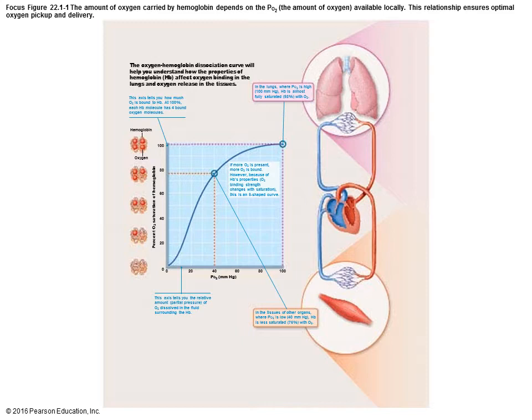Which makes sense, because in the tissues you're trying to unload that oxygen. You don't want the hemoglobin to remain fully saturated because you want the oxygen to leave the hemoglobin and move into the tissues where it's needed. But in the lungs, as you inhale, you want the red blood cells passing through to pick up the oxygen so they can take it throughout the rest of the body.